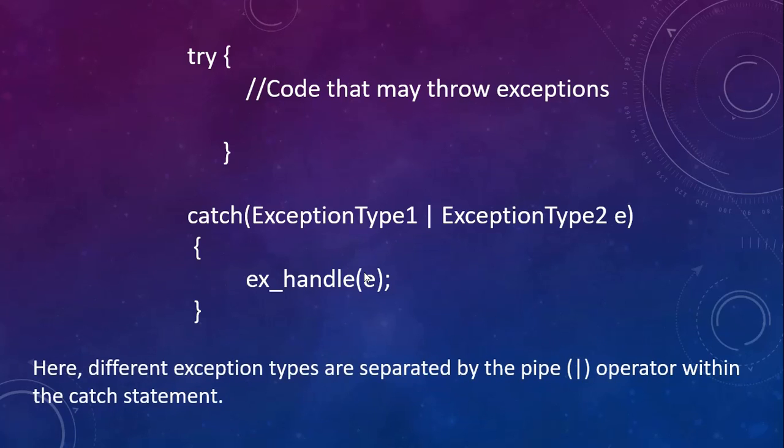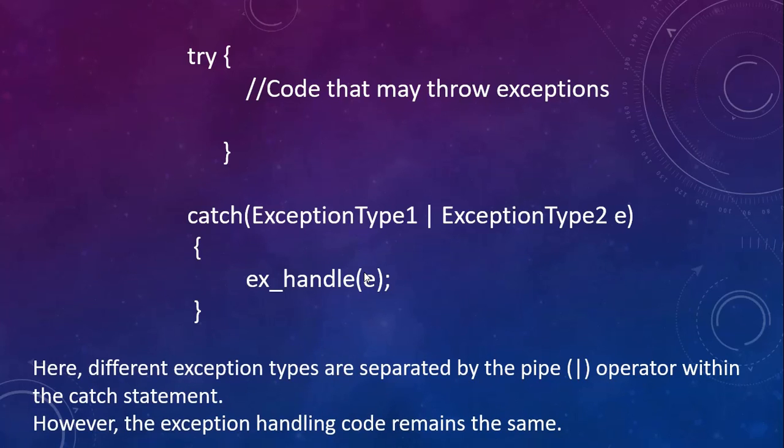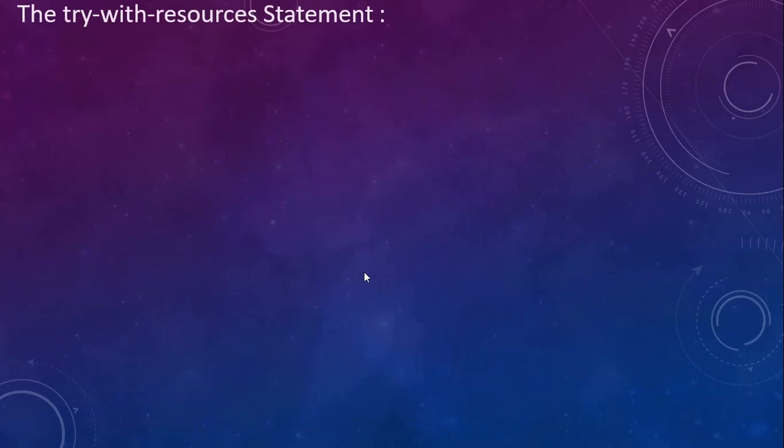In this, different exception types are separated by a pipe operator within the catch statement. However, the exception handling code will remain the same. Now the second improvement which Java SE 7 has made is that try blocks can have resource statements.